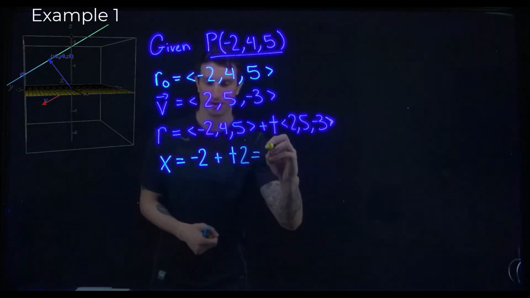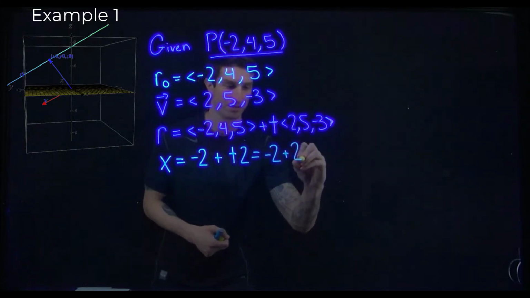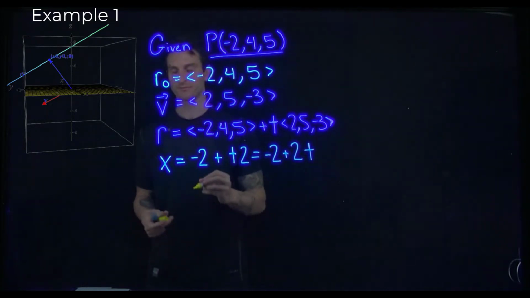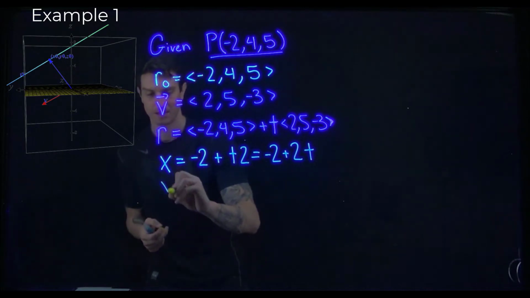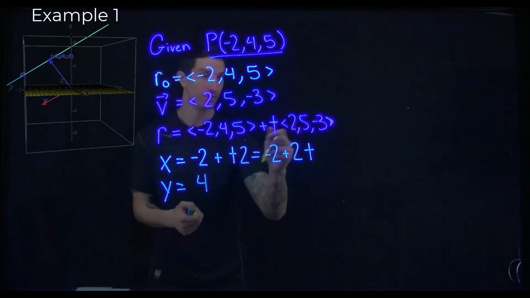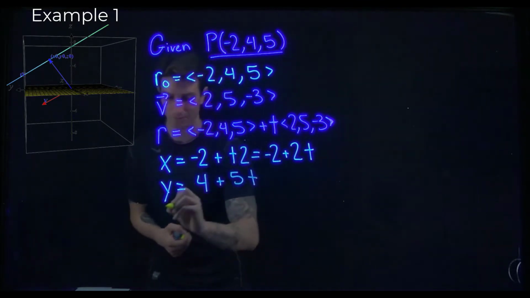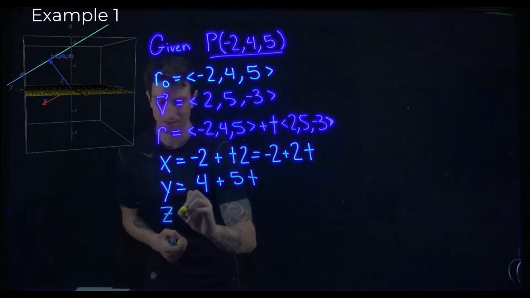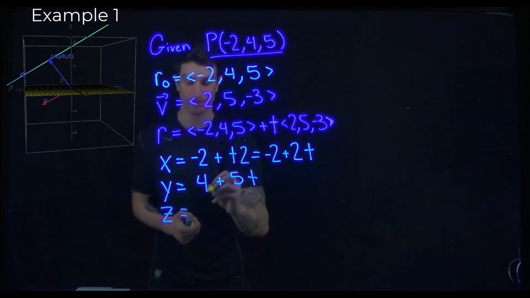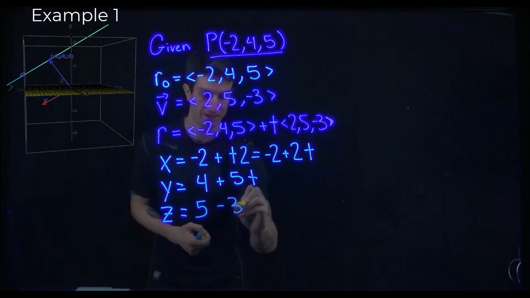Let's rewrite this. -2 plus 2t. There we go, that looks better. Y is equal to 4, plus 5t. And lastly, z is going to be equal to 5 minus 3t.